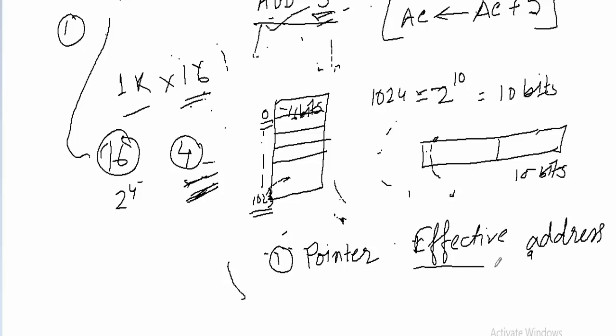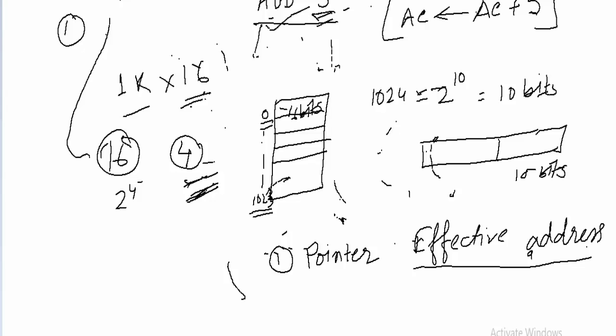So what is the effective address? The effective address is the address where the actual operand is present. We have to calculate the effective address from the address given in the instruction. The important thing to remember is that the address given in the instruction might not always be the effective address.